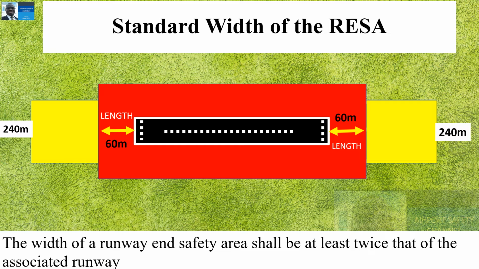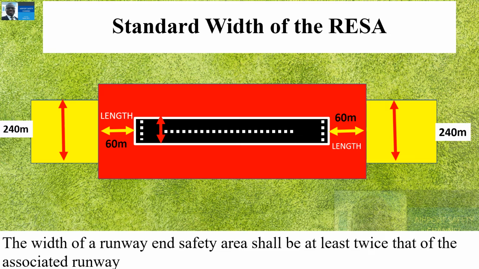How about the width of the runway end safety area? The width of the runway end safety area is related to the width of the runway. Annex 14 says the width of a runway end safety area shall be at least twice that of the associated runway.